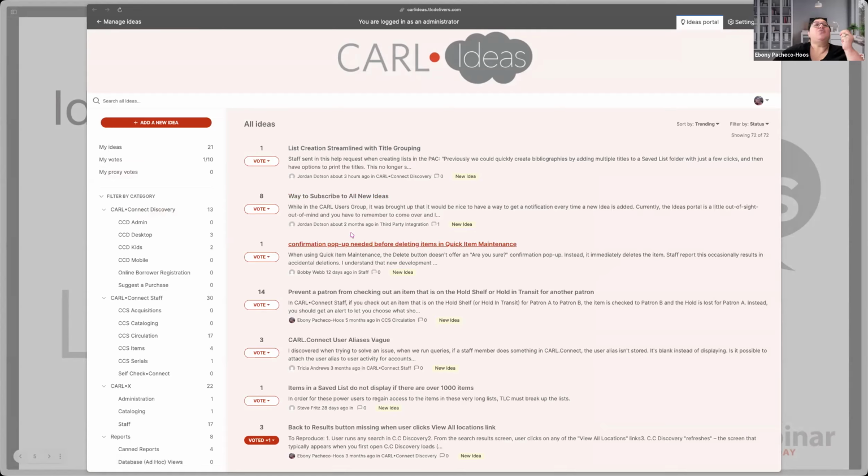You can also vote on existing ideas. So again, utilizing your individual vote as a Carl user or an LS user, you can come in and add your voice to that particular entry. You can also add a comment and give information. You can say, hey, this would be important to my library because of this and this, or even add on.